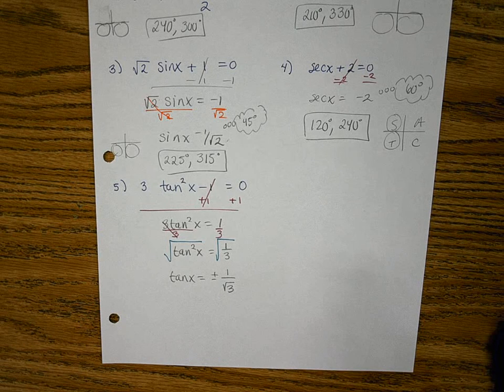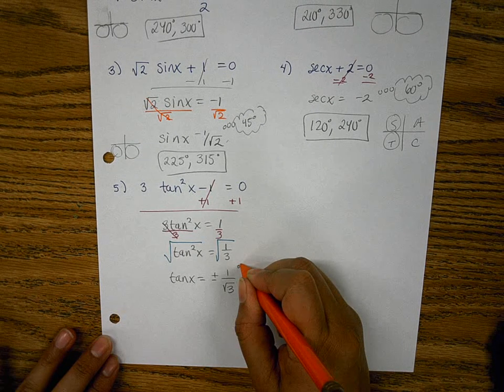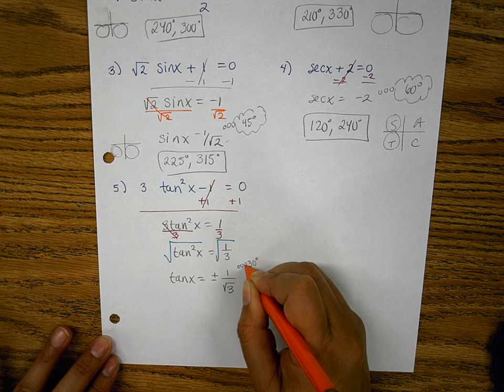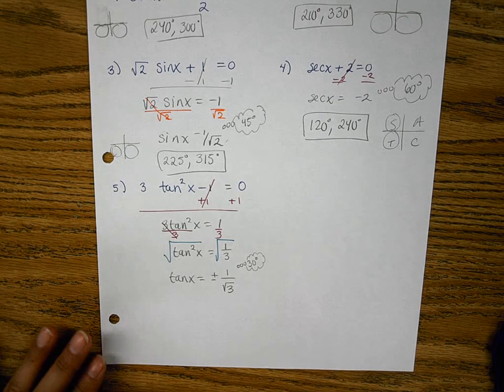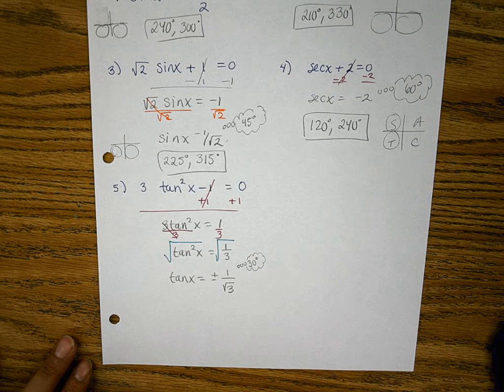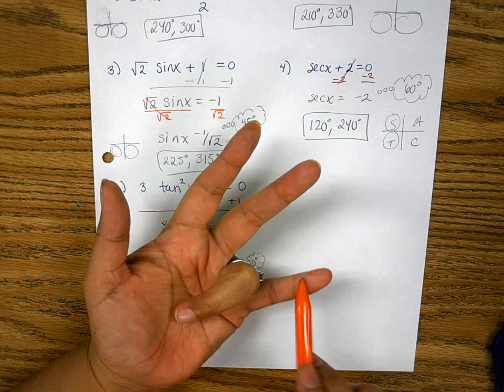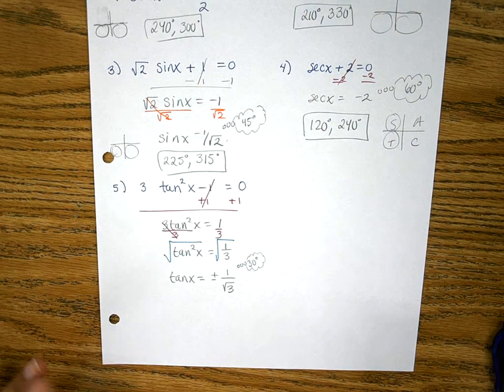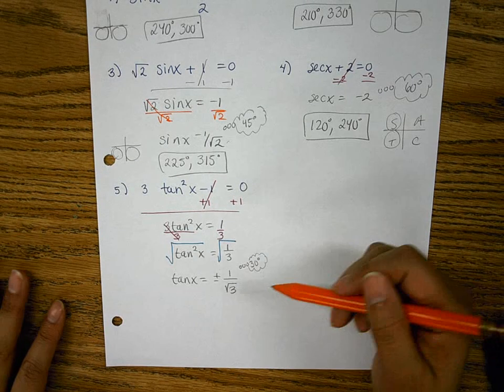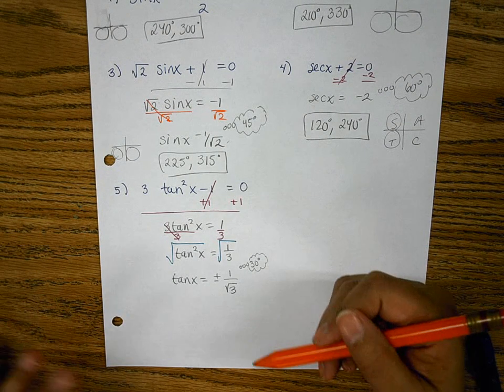Now the tricky thing about this one is it's plus or minus. Before we even address the plus or minus, tangent of what angle is 1 over root 3? Check your unit circle, your hand trick, or your head if you have all the facts in your head already. 30 degrees because y over x is 1 over root 3.